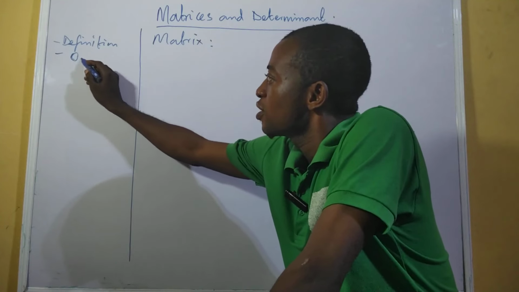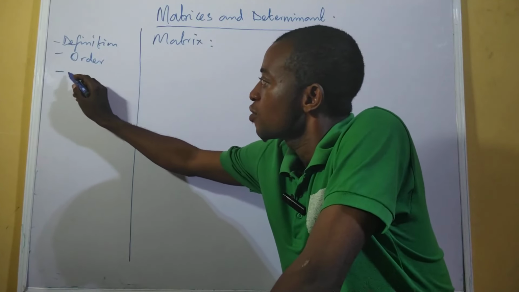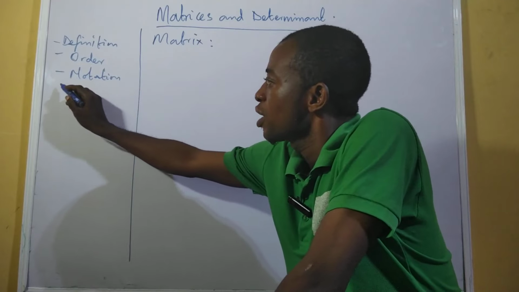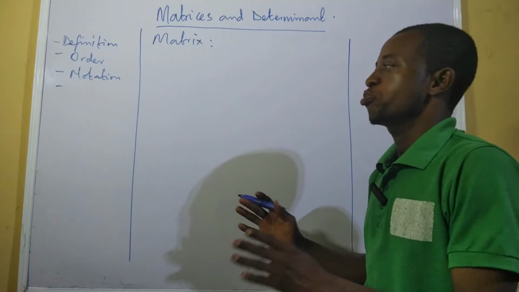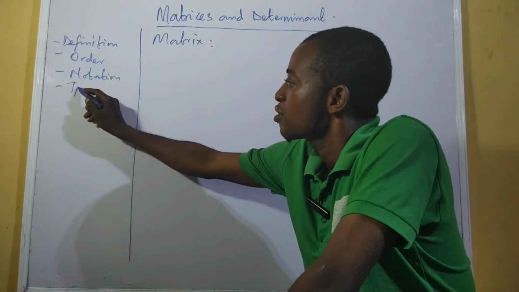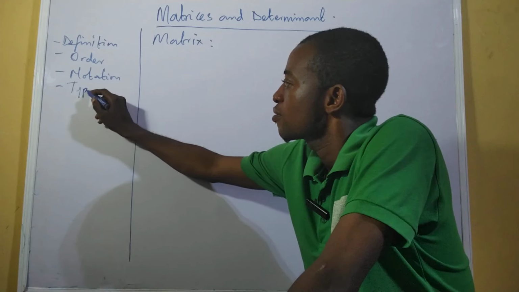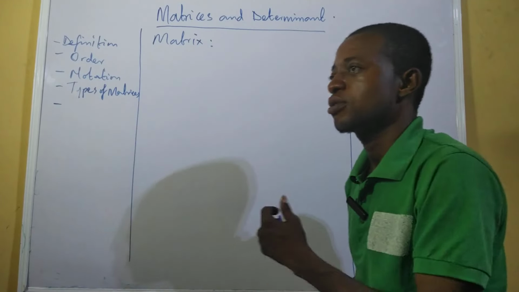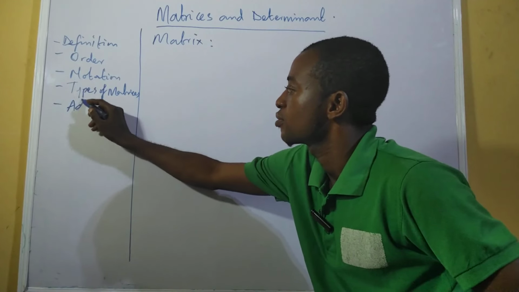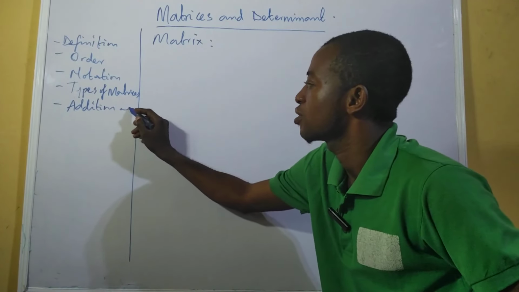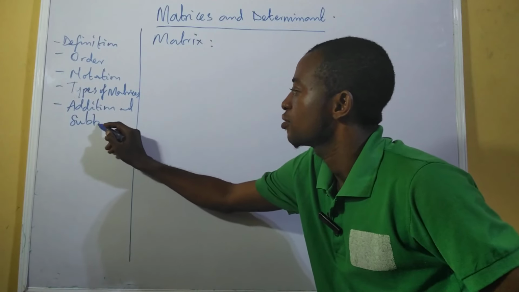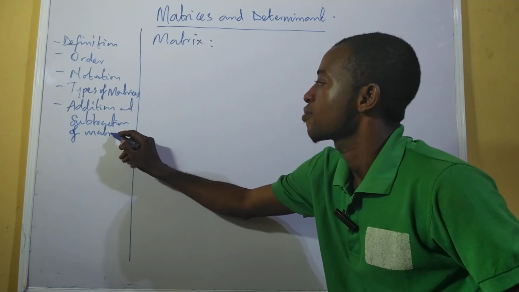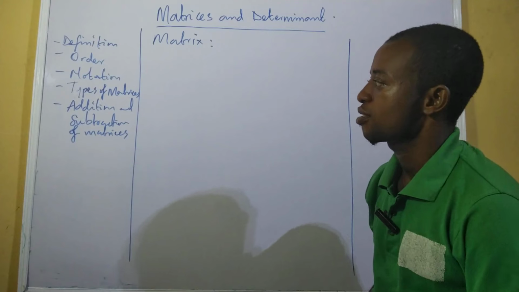Also, we look at the order of matrix, the notation of matrix, the types of matrices, and then addition and subtraction of matrices. So let's look at all this for now.